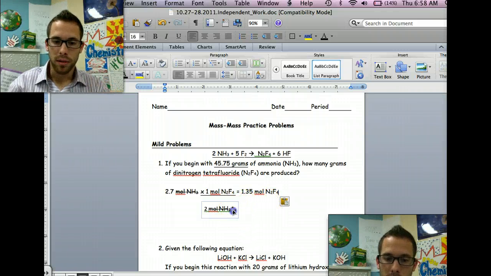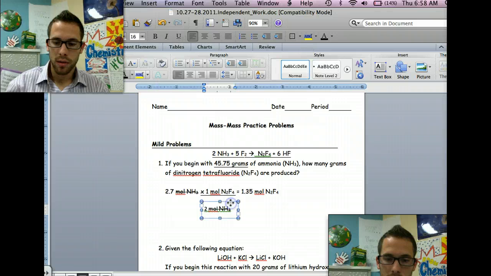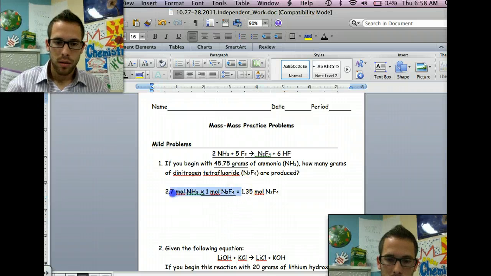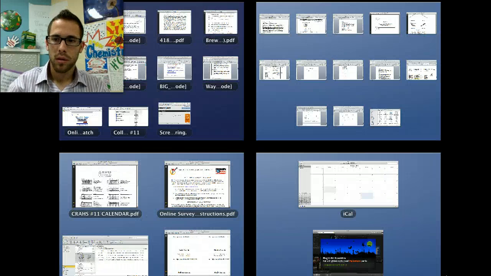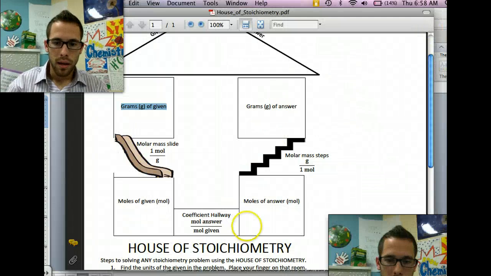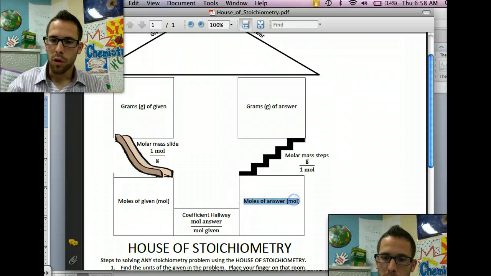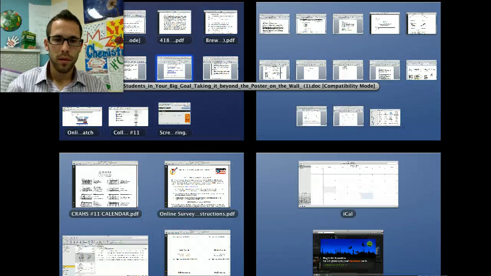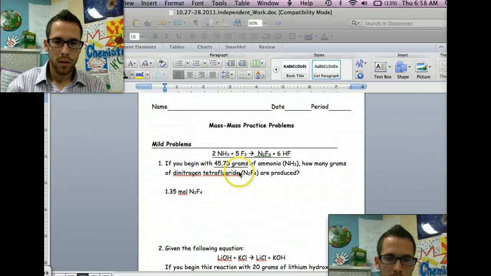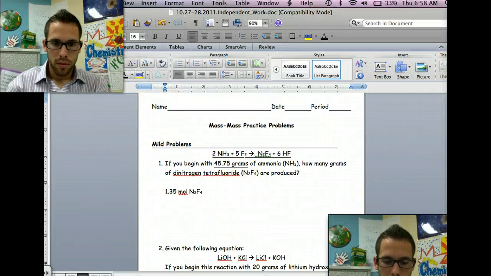Now, for the last part of the house of stoichiometry. Let's check it out. It says to take the moles of the answer and go up the molar mass steps. Put the grams over 1 mole to find the grams of the answer. So let's do it.